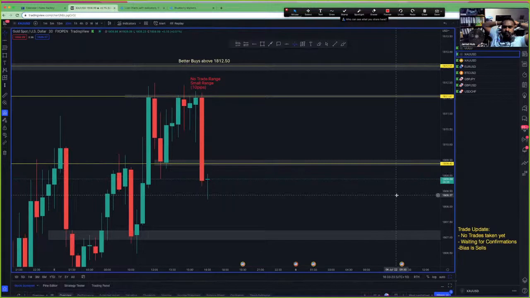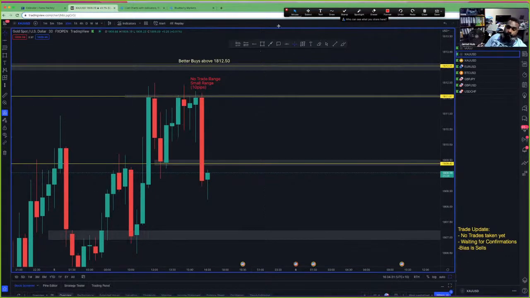Here we go, pushing bullish. Maybe if we start breaking the previous 30-minute candle low again, I'm going to get in on this entry, and I'm going to have my stops just above, in the range.